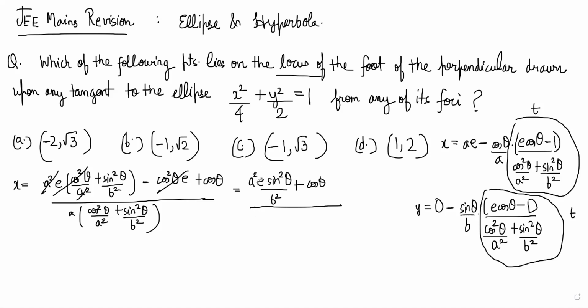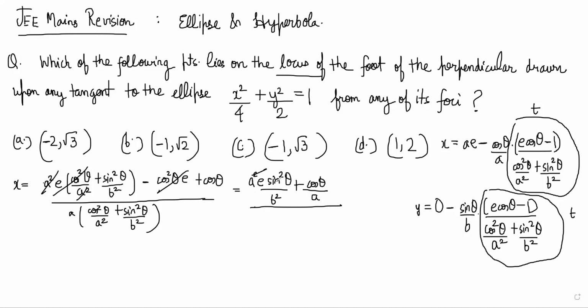So, okay, this doesn't seem very nice. Like a square e sin square theta plus b square cos theta. Here we cancel one a and one a.